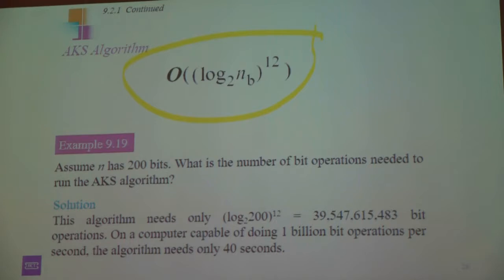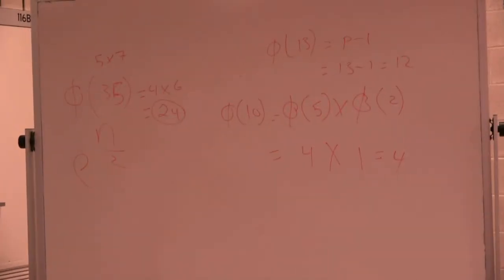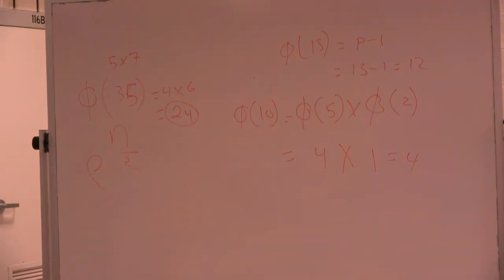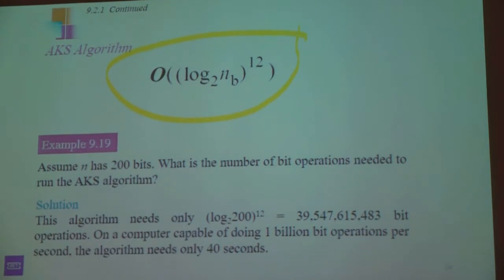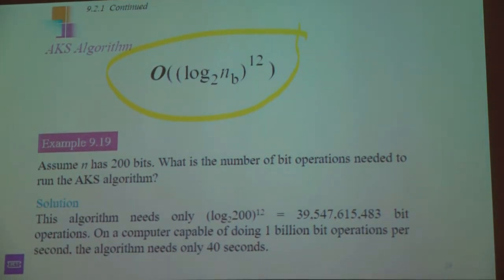The previous one was how much? It was exponential, 2 to the power n over 2, right? So definitely this one is like a log, so it will be faster. Let's take the same example. Assume n has 200 bits. What is the number of bit operations needed to run AKS?